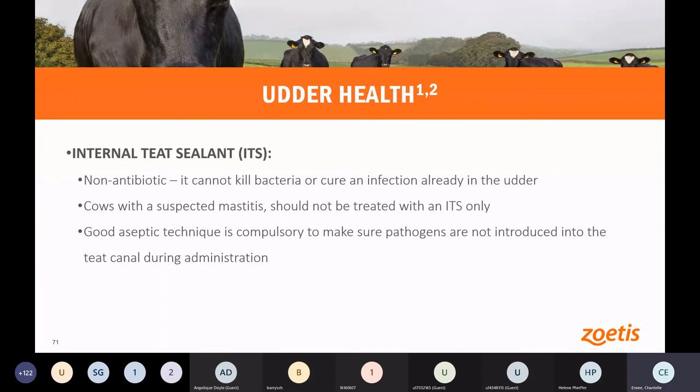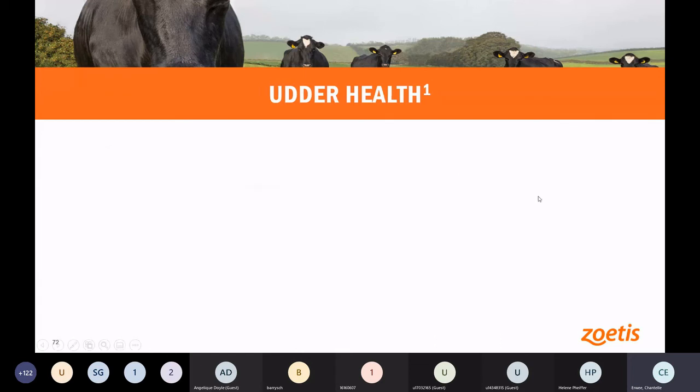Right, so if an animal has a suspected clinical or subclinical mastitis, you should not be treating with an internal teat sealant only. There you would go for combination treatment. And especially with any intramammary, but especially with an internal teat sealant, it's very, very important that you work as hygienically as possible because you don't want to introduce pathogens and then actually close them in there. Okay.